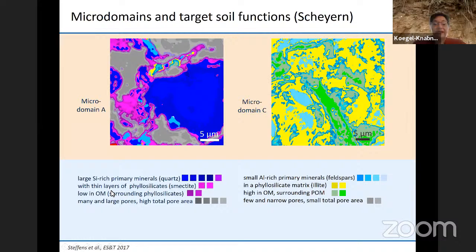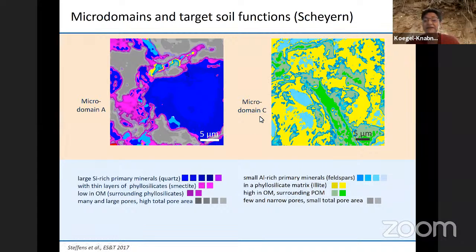Generally, these are low in organic matter, so there is some organic matter here, but it's only in these parts, it's comparably low, and we have a lot of the gray spots here and here and here, and these are the large pores, so that we finally have a high total pore area. So this is how microdomain A looks within the one aggregate.